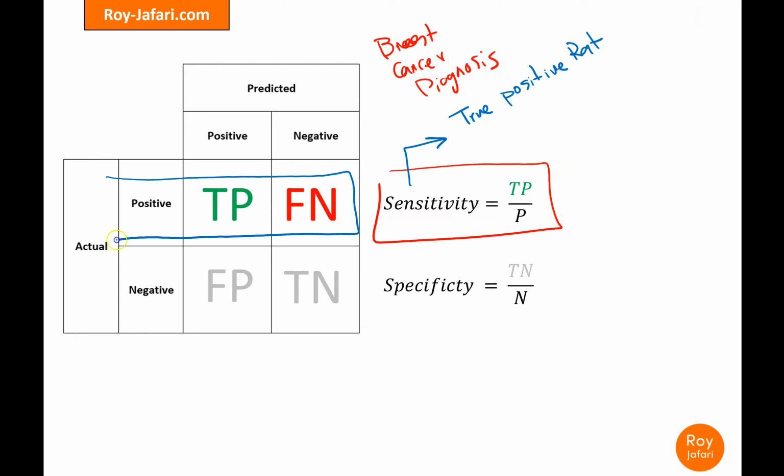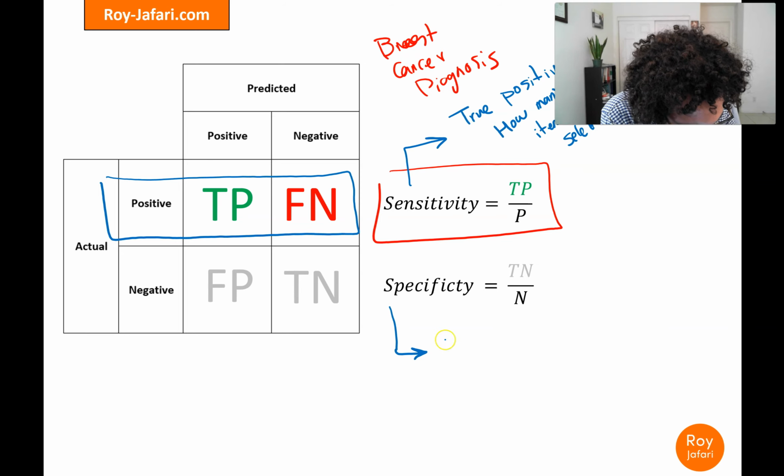So we are checking how many relevant items have been selected. In other words, this is the percentage of the sick people that we have successfully detected, right? So that's sensitivity.